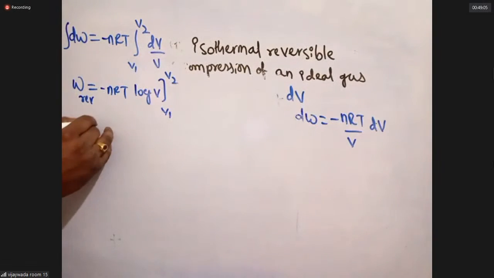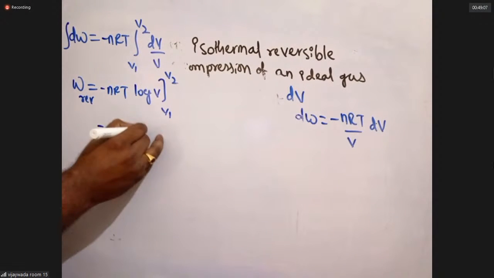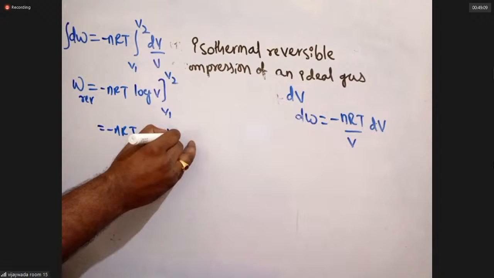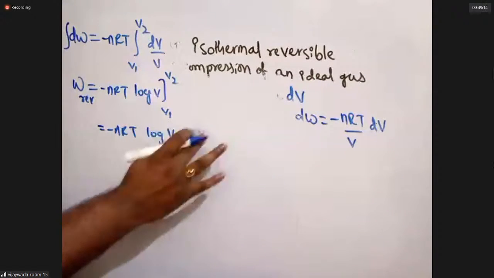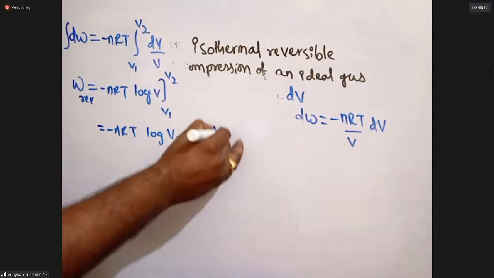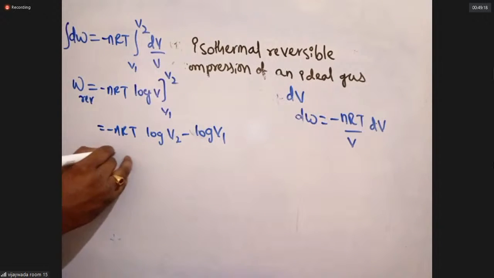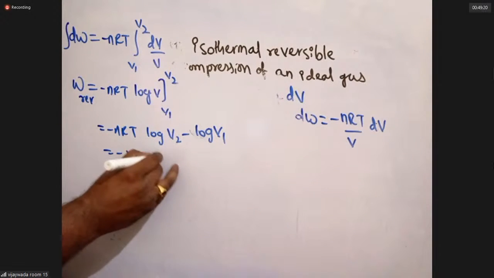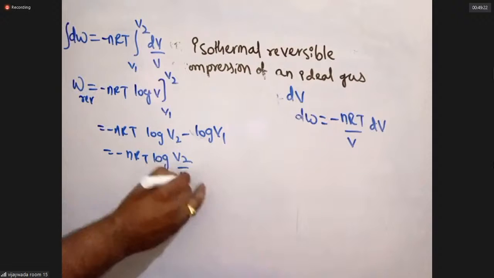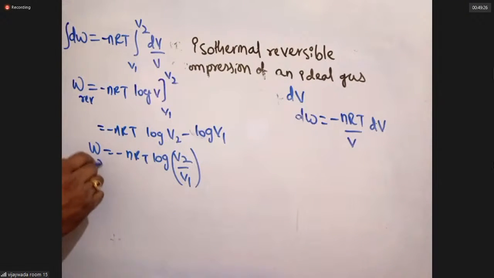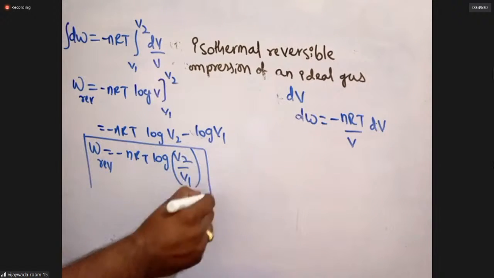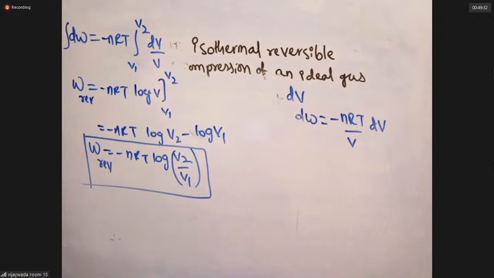Next, minus nRT, log V2 minus log V1. So we can write nRT log V2 by V1. Students, this is the equation of work done in a reversible process: minus nRT log V2 by V1.